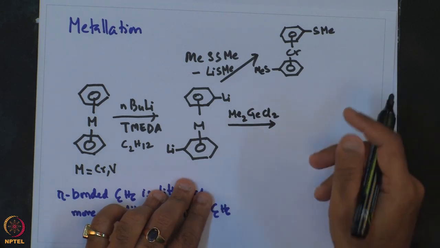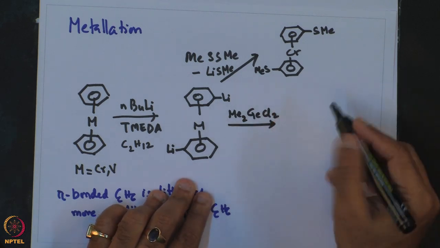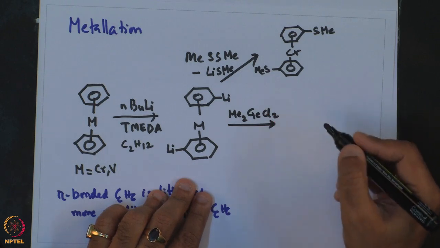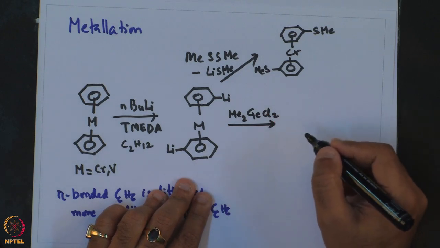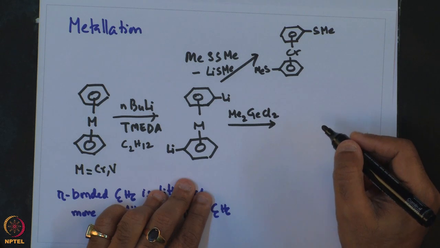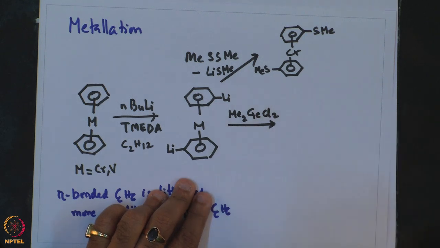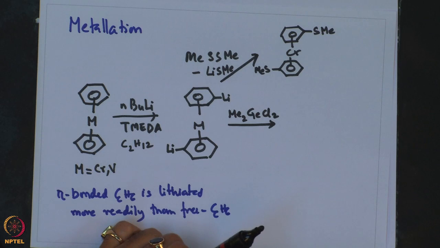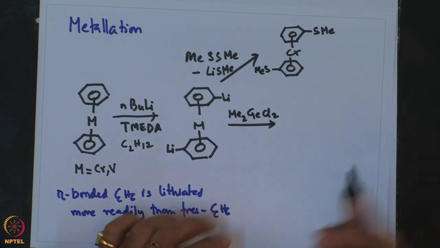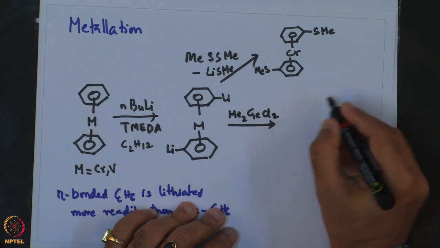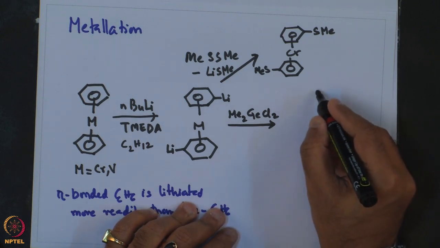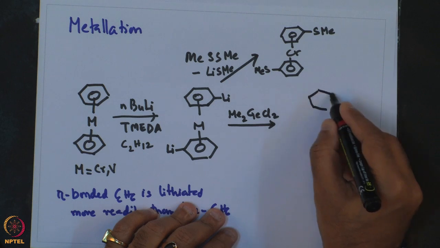Now, this is a method whereby an ansa system with a bridging dimethylgermanium can be created, of the formula somewhat like this.